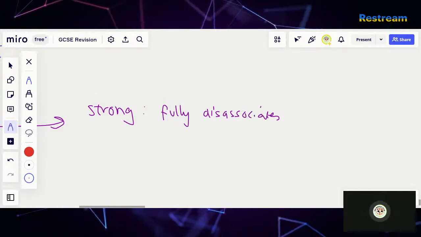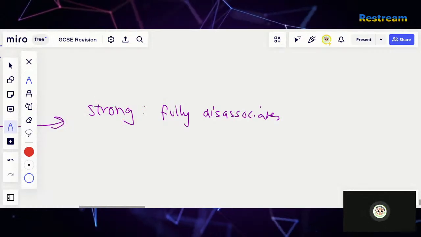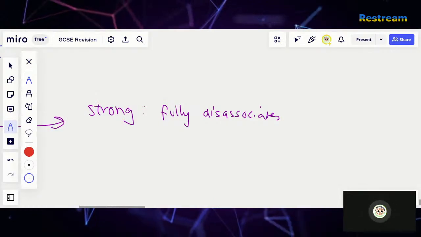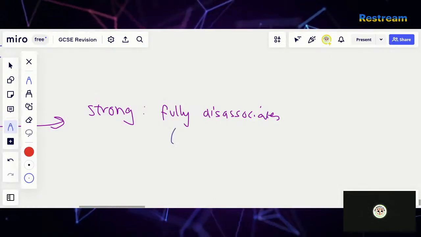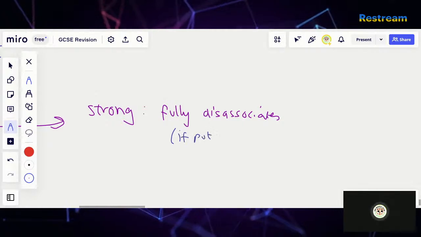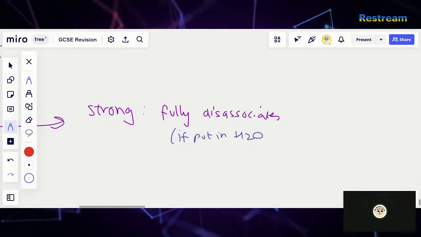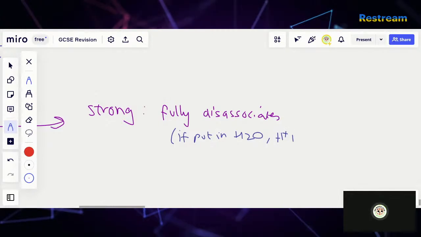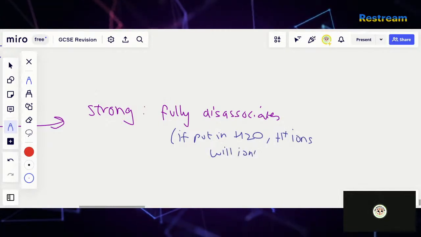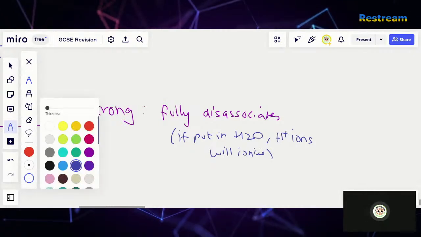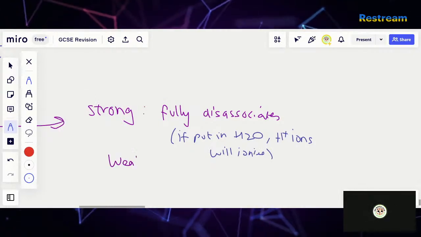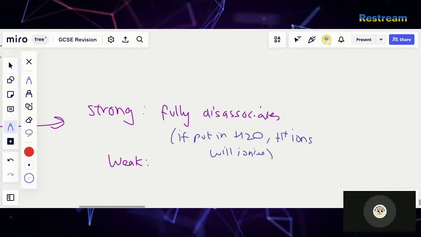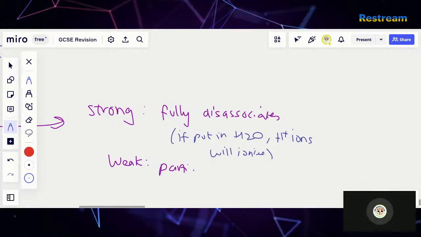Now, what we mean by this is it's an acid that if you put it in water, the H plus ions will ionize. And therefore, a weak acid is an acid that only partially dissociates.